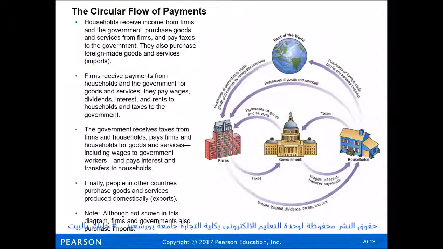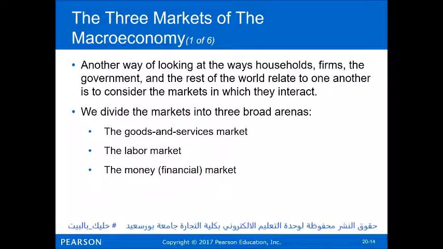Finally, we see that people in other countries purchase goods and services produced domestically within the country, which are called exports. Note that although not shown in this diagram, firms and governments also purchase imports in their turn. The three markets of the macroeconomy.